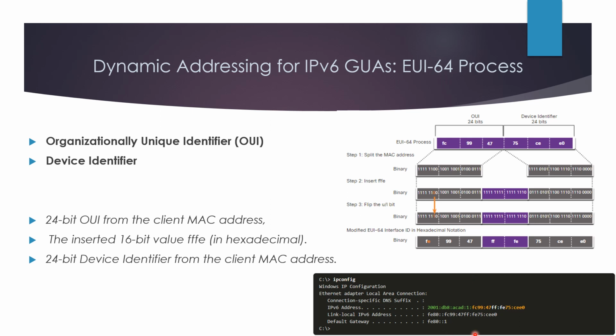Here you can see that by checking this IPv6 address, you will have the FFFE as it is extended into the MAC address. And you will see that this is an IPv6 address obtained by the stateless address auto configuration and the extended unique identifier 64 process.